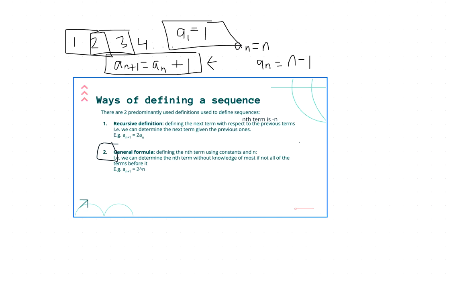So now this is for the positive integers, right? Can anyone tell me how we would recursively define the sequence of natural numbers? Yep, great.